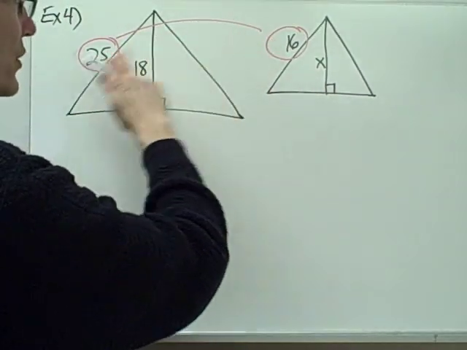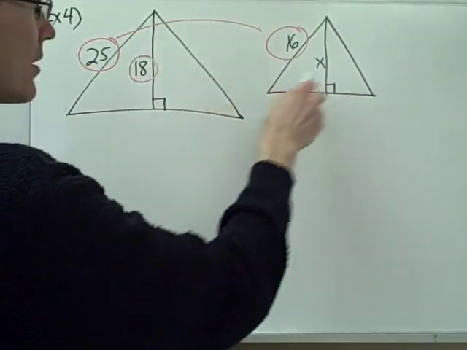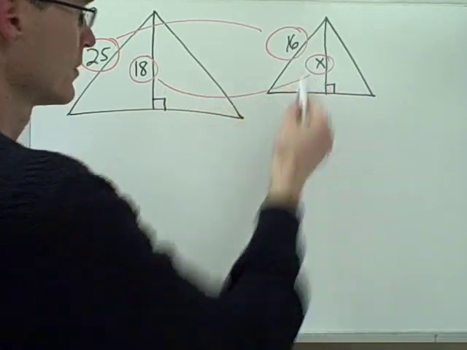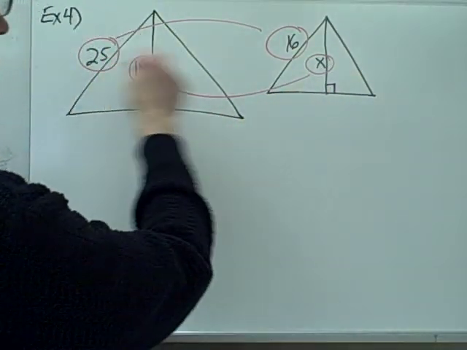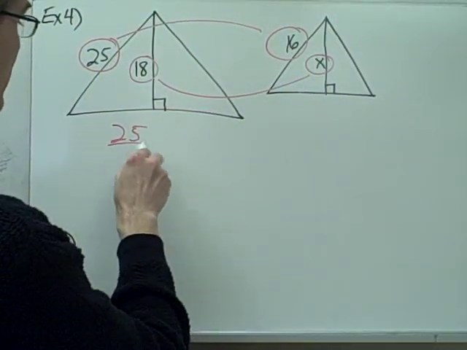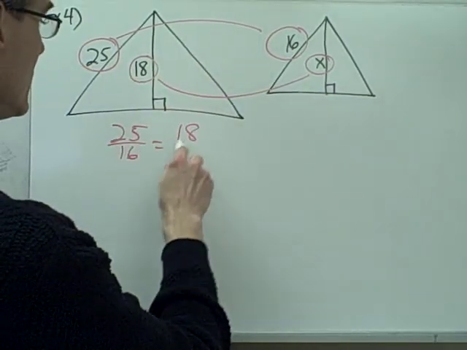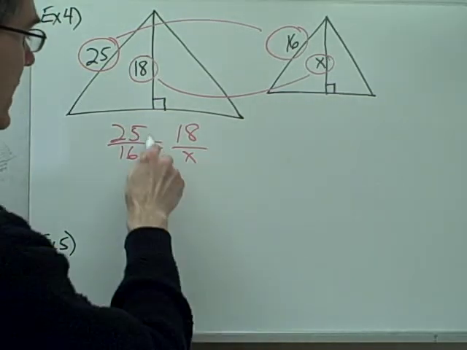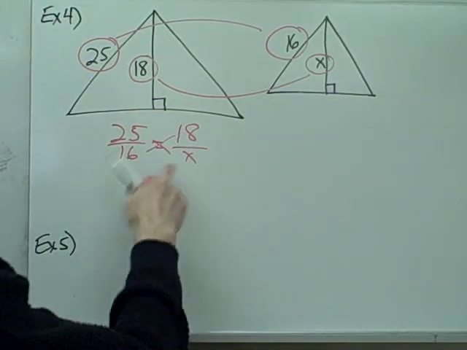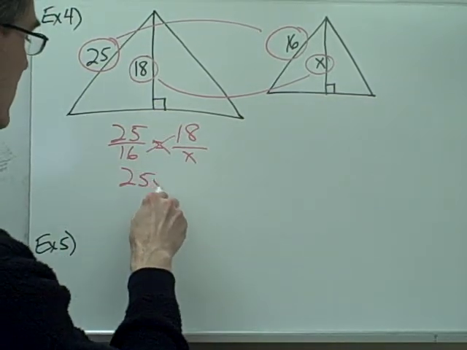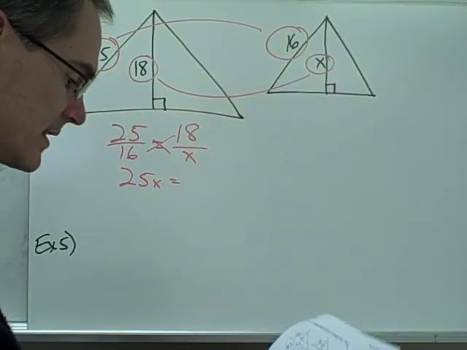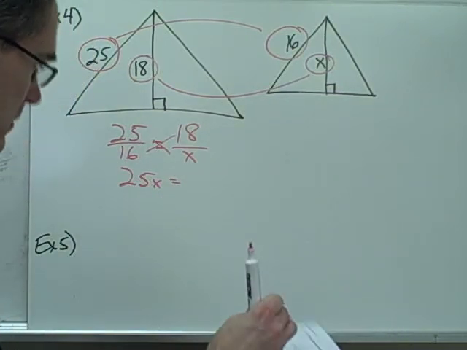Well, here are two corresponding sides. Here are my two altitudes. All I need to do is set up a proportion. So 25 over 16 equals 18 over x. And I can cross multiply and I can solve for x. 25x equals 16 times 18.